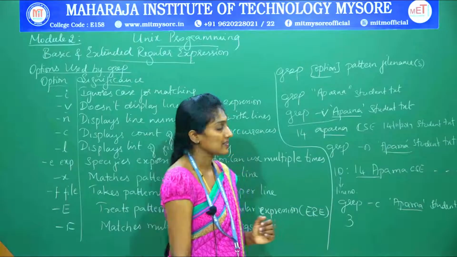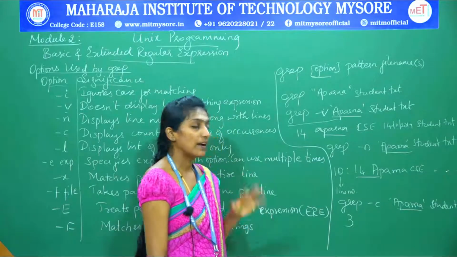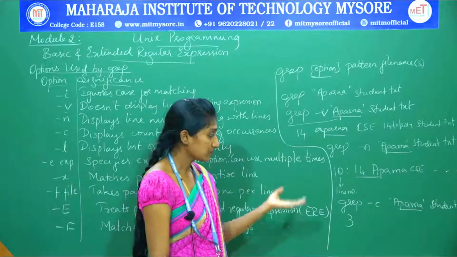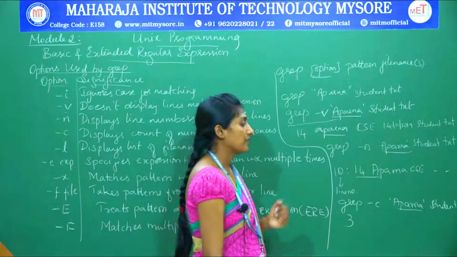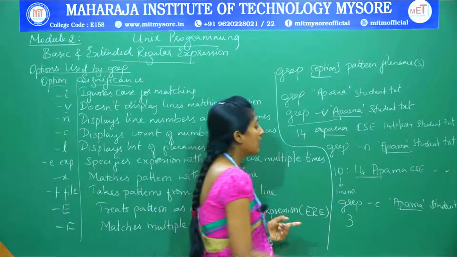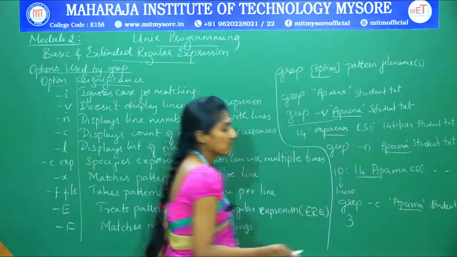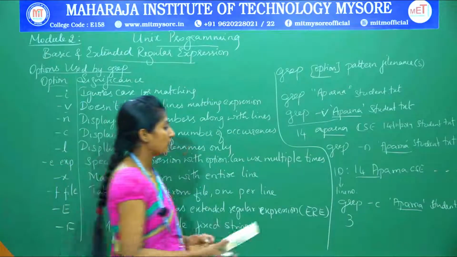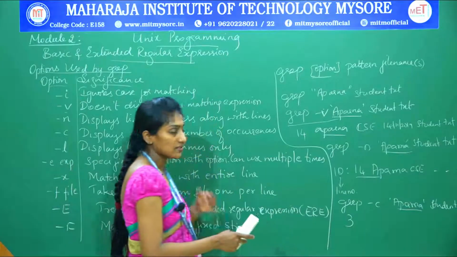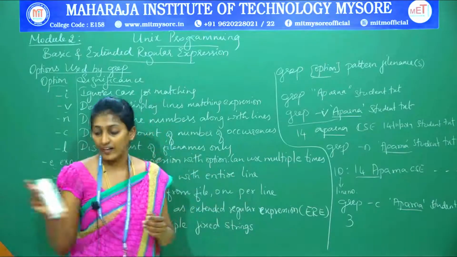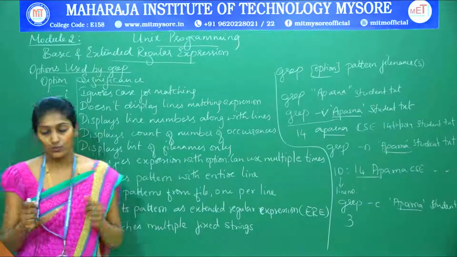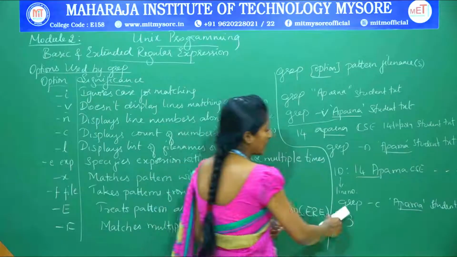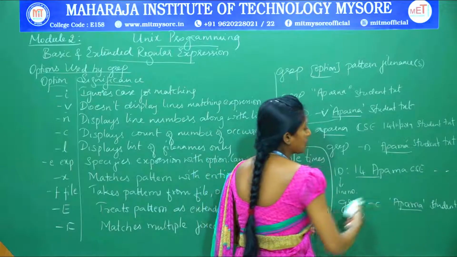So even you can give multiple file names for knowing the number of occurrences of that particular pattern. Here I have given a single file name. Instead of a single file name, you can provide more than one file also. I will just let you know how that can be provided. As I have specified, grep -c Aparna student.txt.